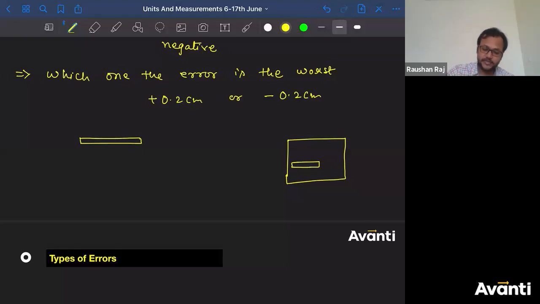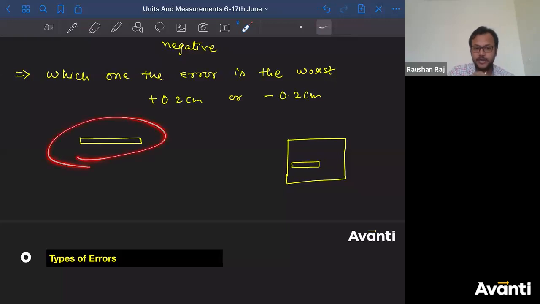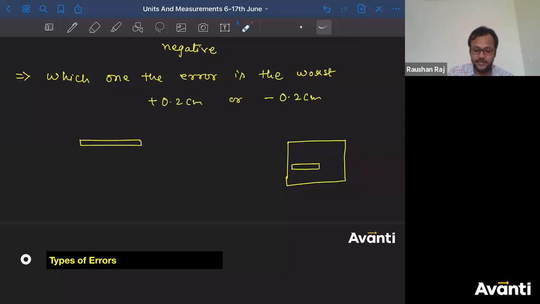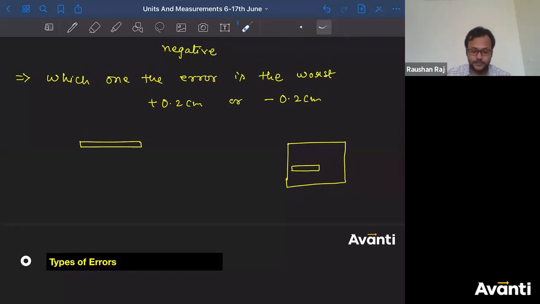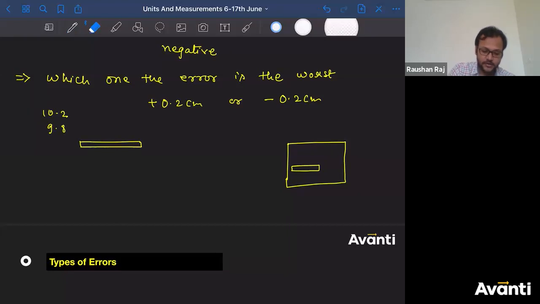Because when this rod is cut from a larger part, no one knows what error has come. So he might tell you that, sir, there will be an error of 0.2 centimeter. He can say that the length can be 10.2 or 9.8. So the length of this particular rod will lie in between.